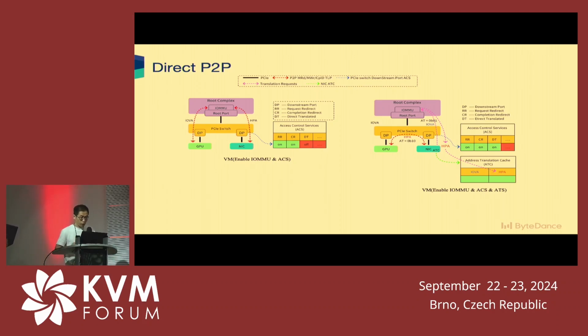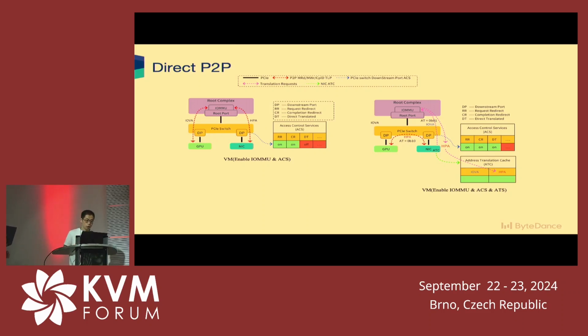So here the direct translated bit of the ACS will be used. If this bit is set, the switch will check the AT field of the TLP to determine whether the TLP contains the HPA.